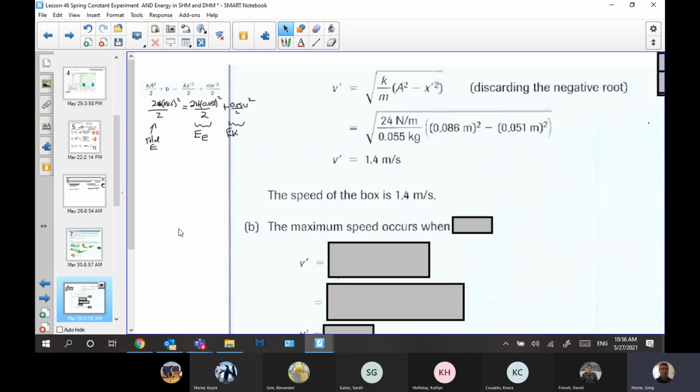So obviously you can just solve for v, right? Okay. So that's the speed when you're at that spot.